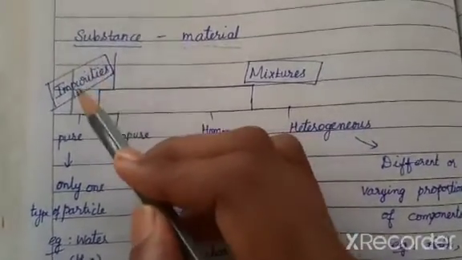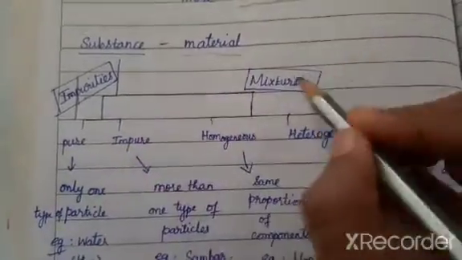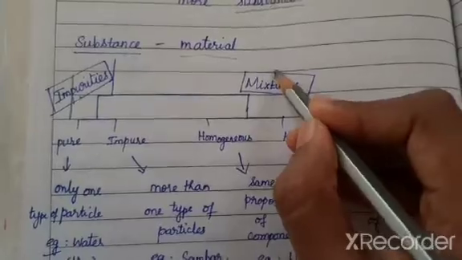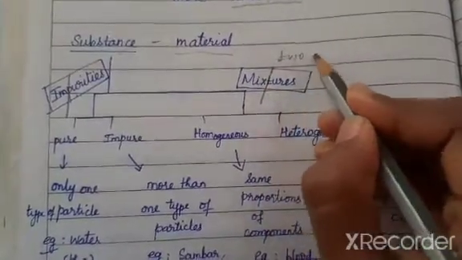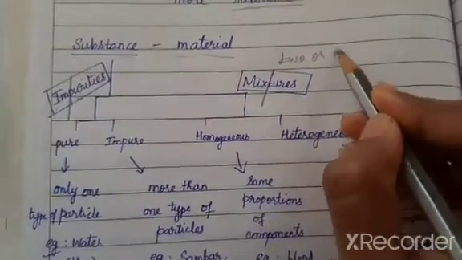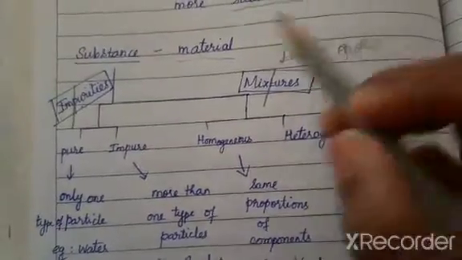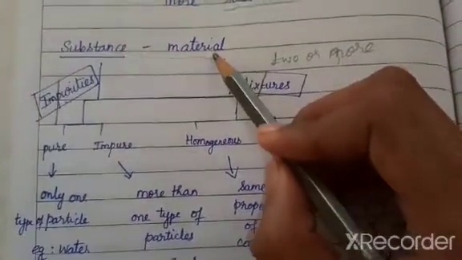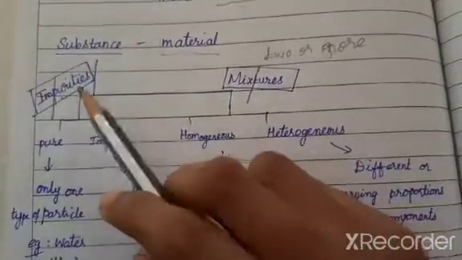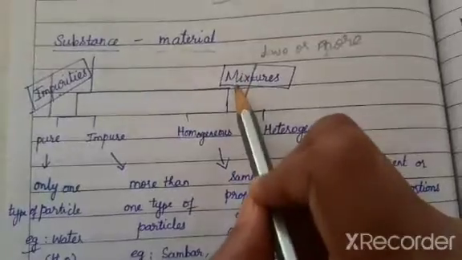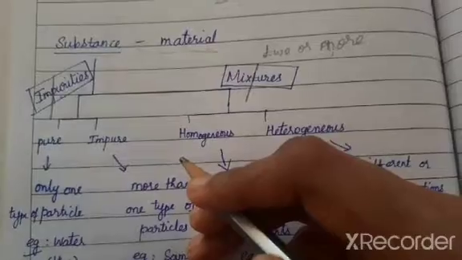Some kind of unwanted materials are present in it. The next is mixtures. Mixtures means I am going to mix two or more substances, something which is present as a group. So I am going to separate the materials which exist in either of these states, either as an impurity or as a mixture. From these groups only I am going to separate the substances.